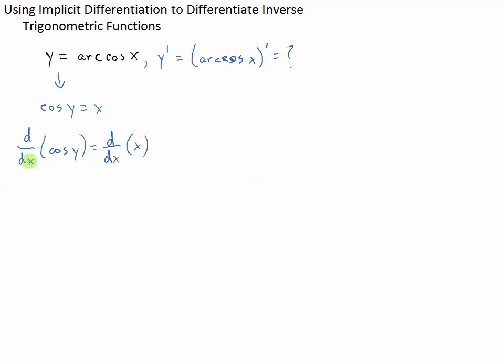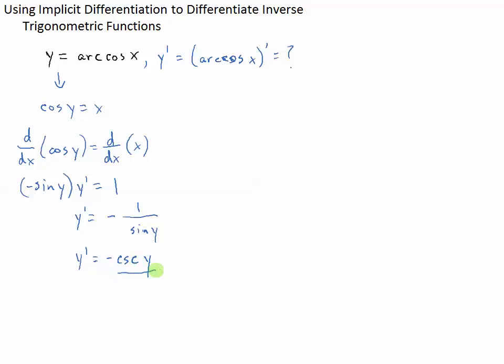So the derivative of cosine is negative sine of y, times the derivative of y, which is y prime, equals the derivative of x, which is 1. So y prime is negative 1 over the sine of y after we divide both sides by the sine of y. That's the same thing as negative cosecant of y.